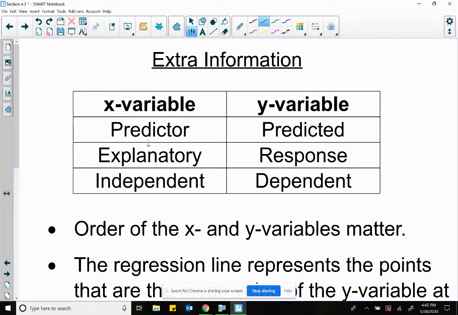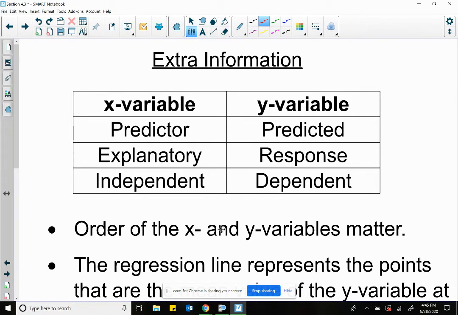The y variable is called the predicted, hence why we put predicted in front of y, the response, or the dependent. So these are all names that we can use in place of saying x variable, y variable. So we can talk about who is the predictor, who is the predicted, who is the explanatory, who is the response, or who is the independent versus who is the dependent.